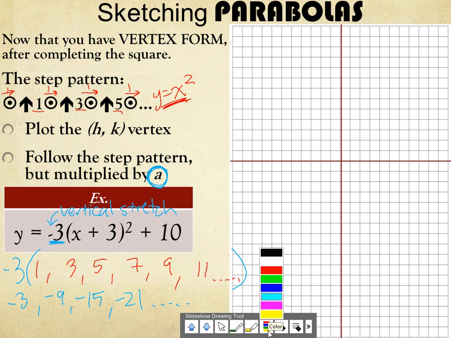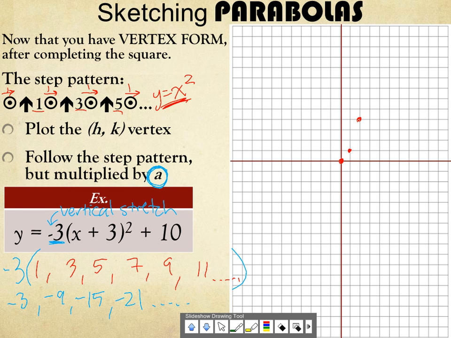First I'll start by drawing y equals x squared, which is the most basic parabola. For y equals x squared, it starts at 0, 0, because 0 squared is 0. If x is 1, y is 1. If x is 2, then y is 2 squared, which is 4. If x is 3, then y is 3 squared, which is 9.